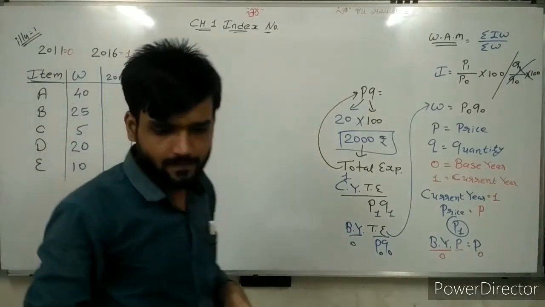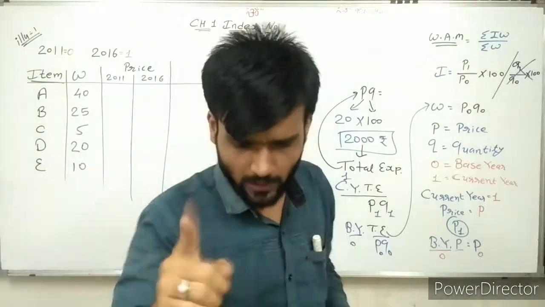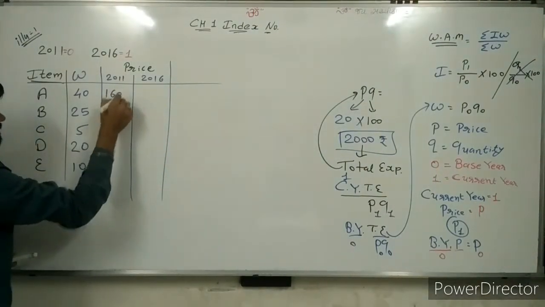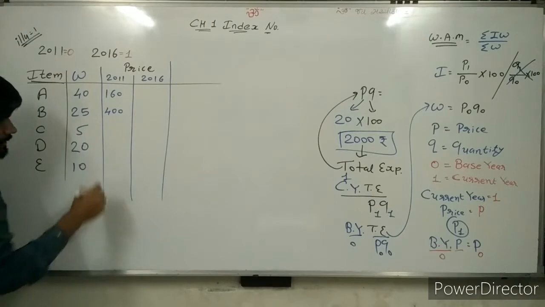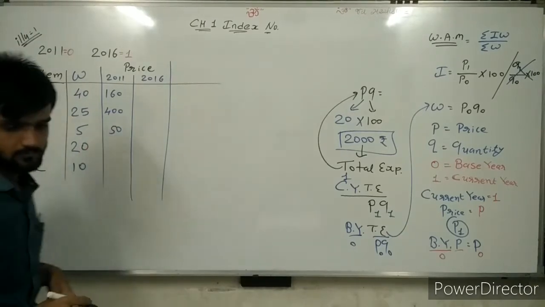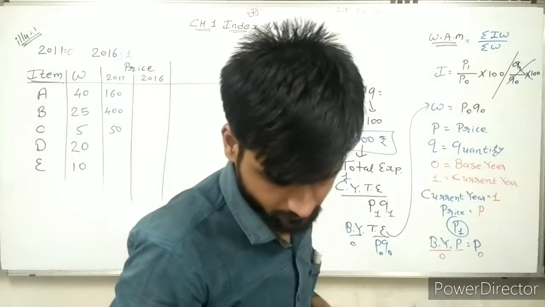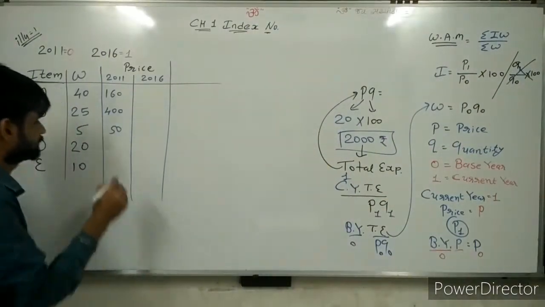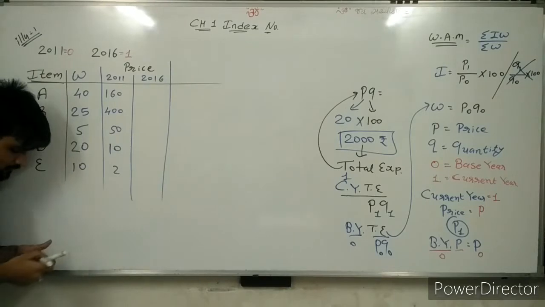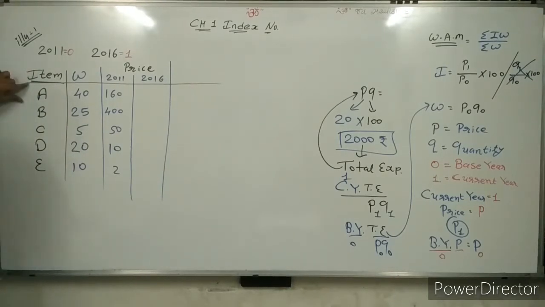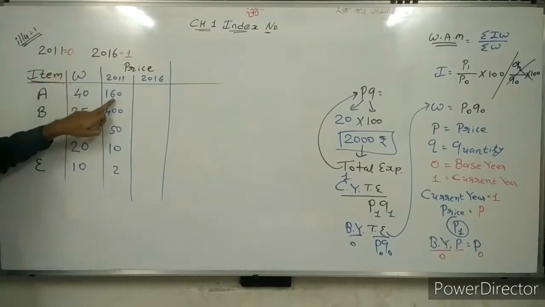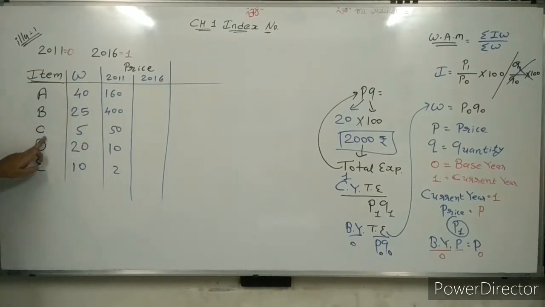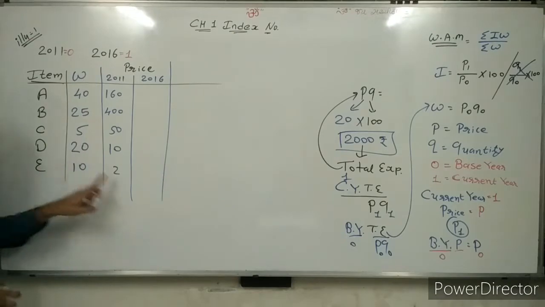Writing prices: 160, 400, 50, 10 and 2. So for item A in 2011, the price is 160 rupees. For item B, 400 rupees. C, 50, D, 10, E, 2.